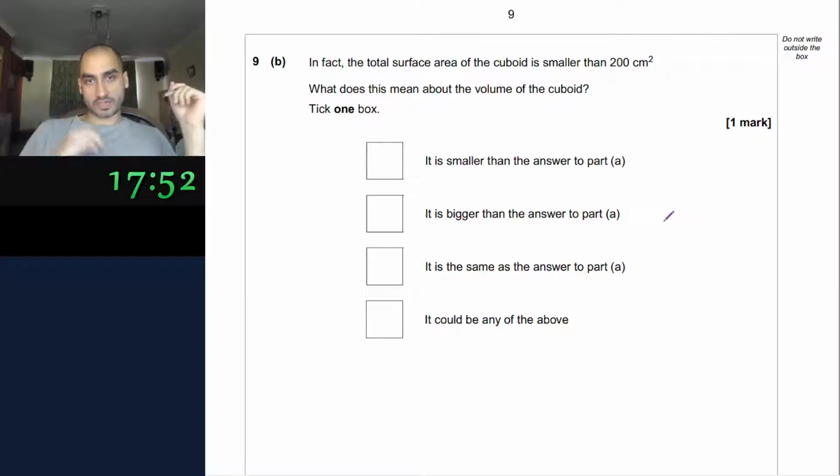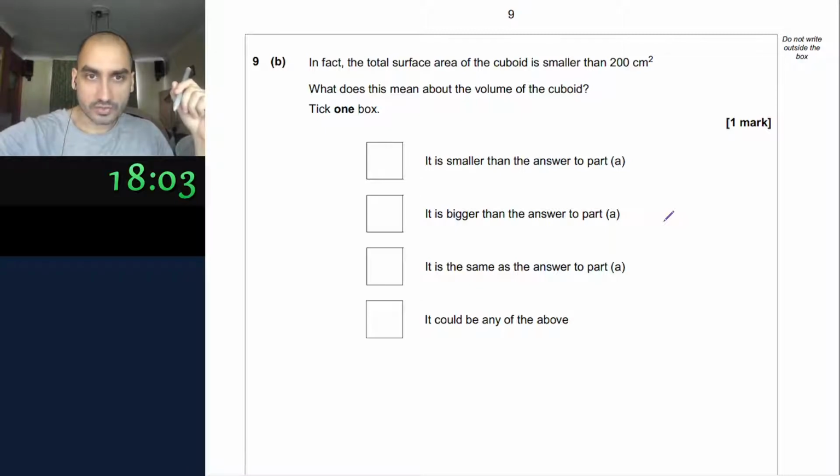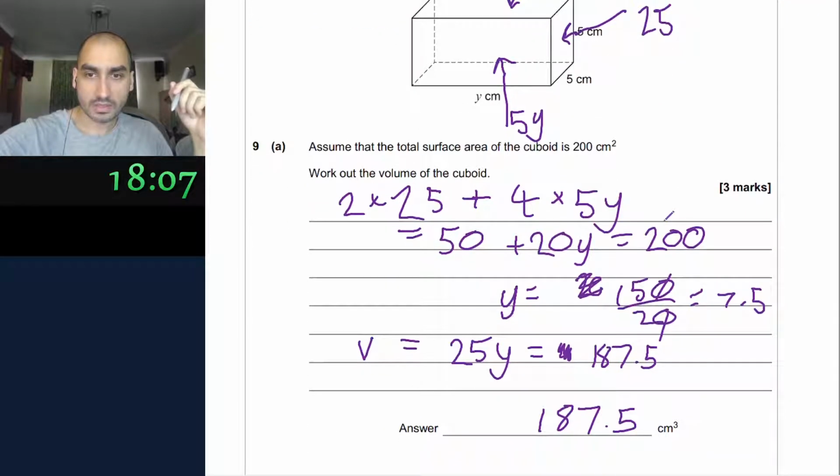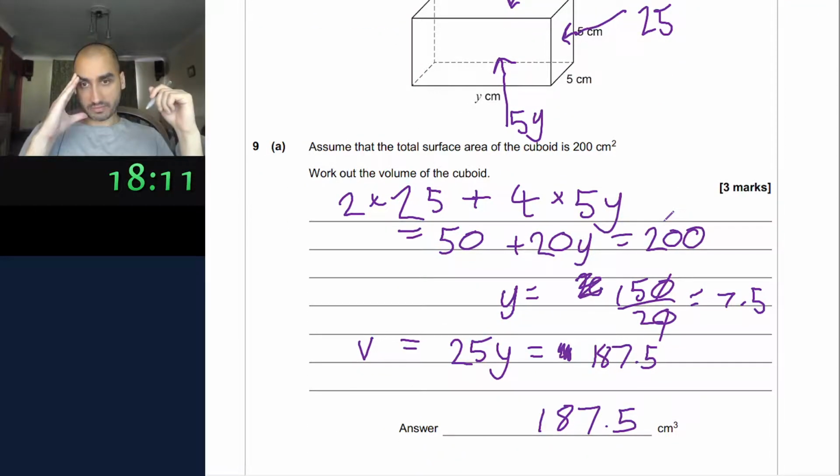In fact, the total surface area of the cuboid is smaller than 200 centimeters squared. What does that mean about the volume of the cuboid? So that would mean y would be a smaller number divided by 20. So y would be smaller. So the volume would be smaller.